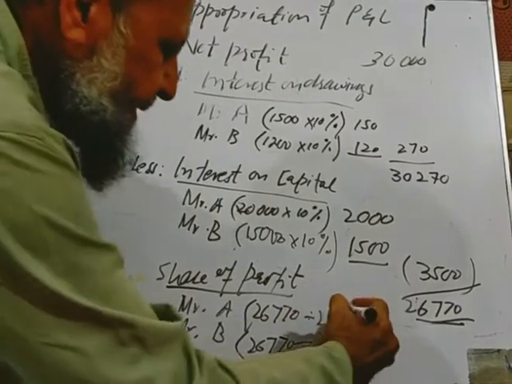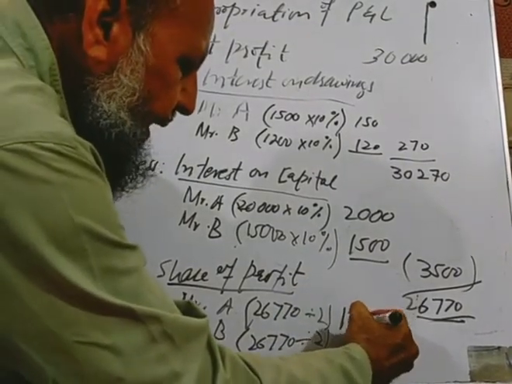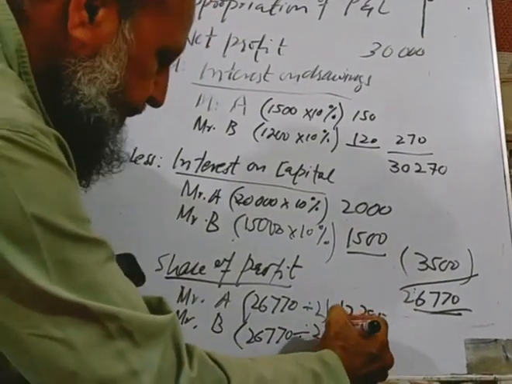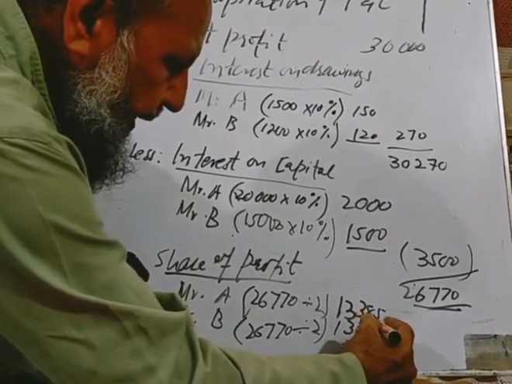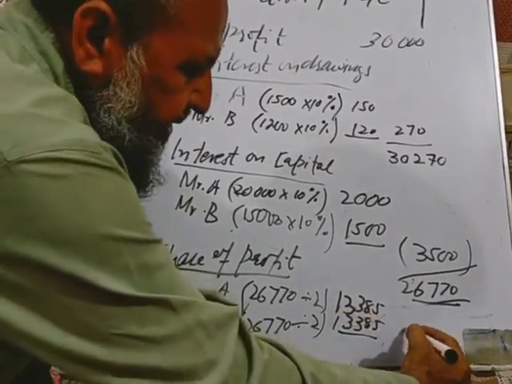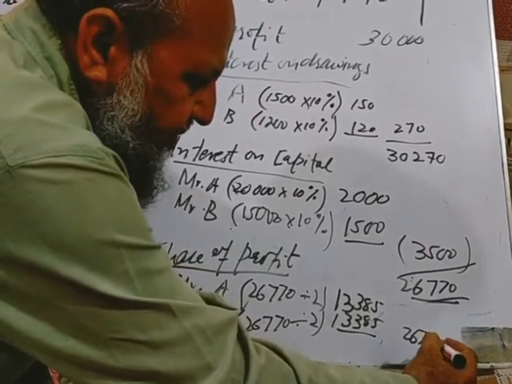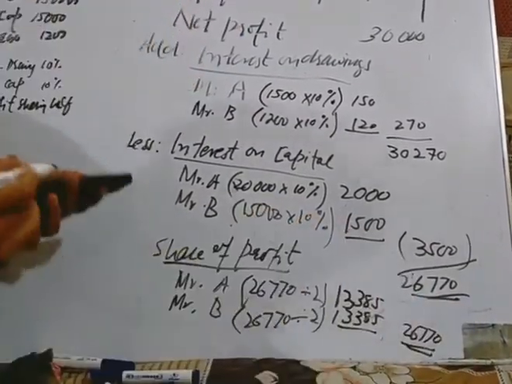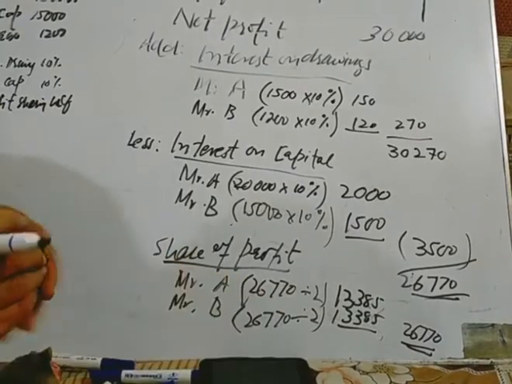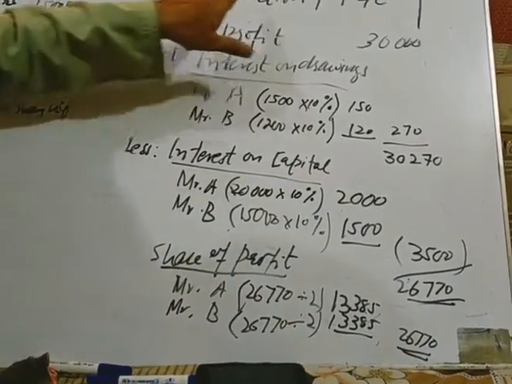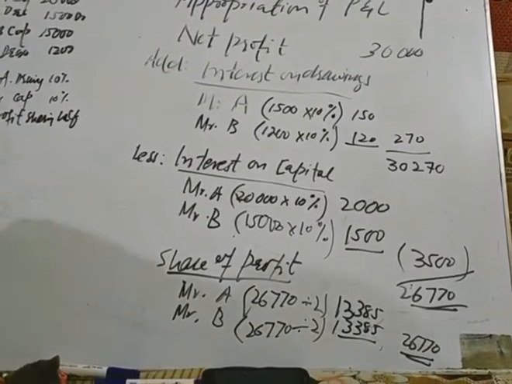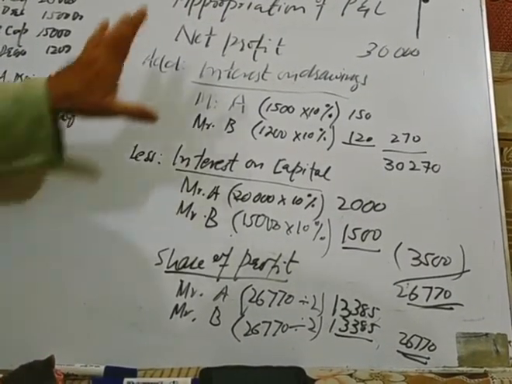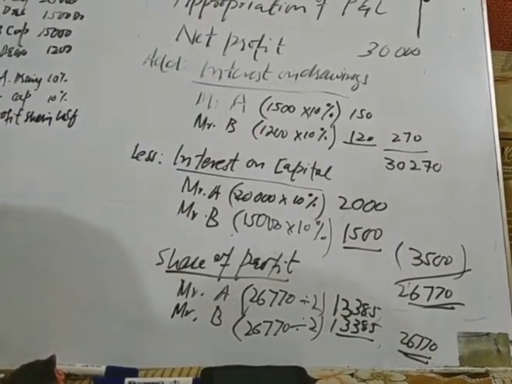Your answer is 13,385. 13,385 each, which again is equal to 26,770. That's how we prepare our appropriation account, or you can say appropriation of profit and loss statement or account.